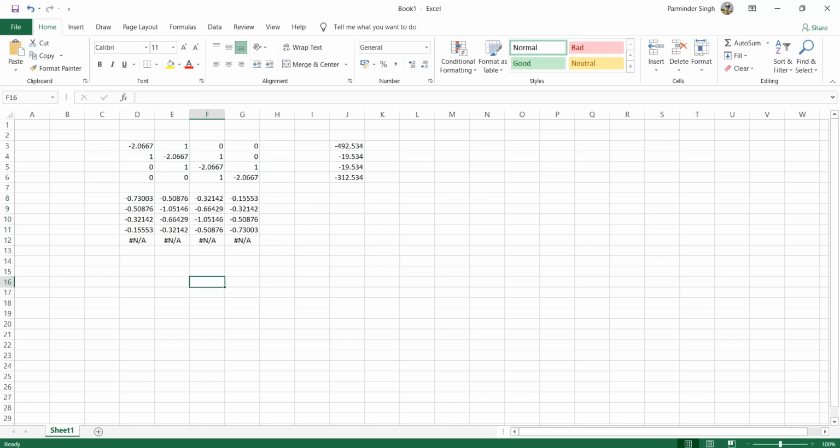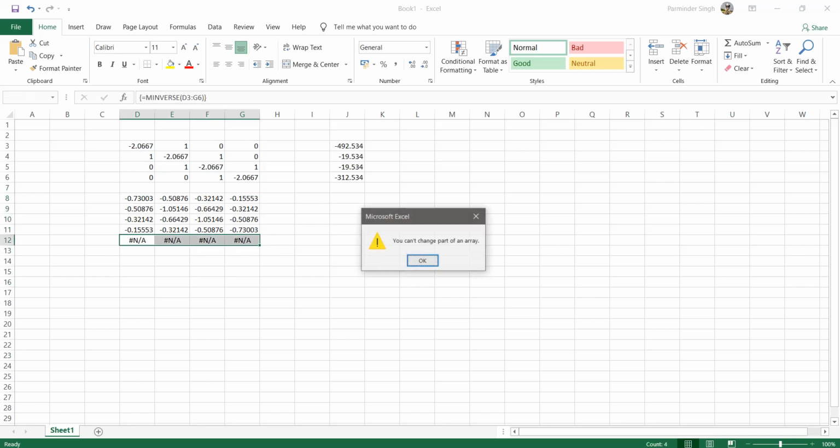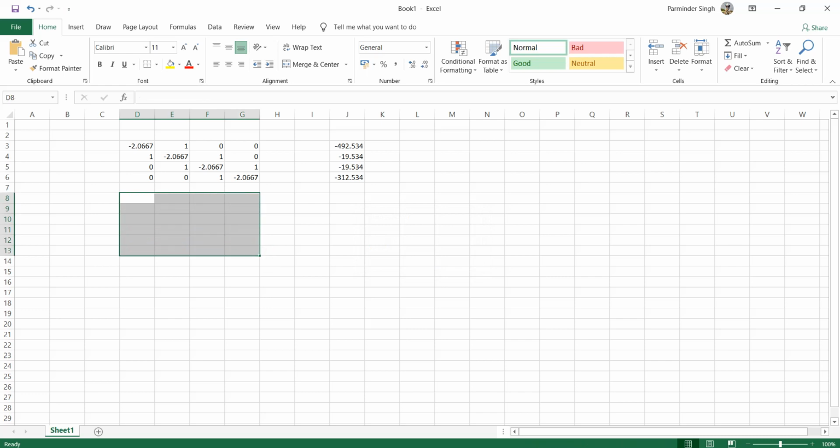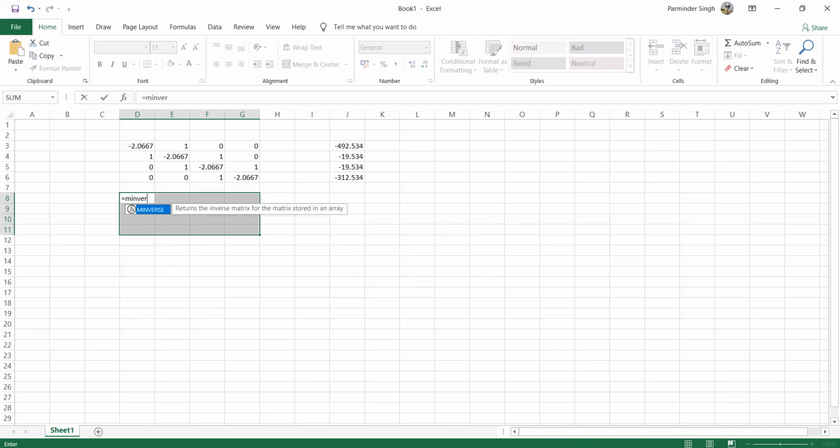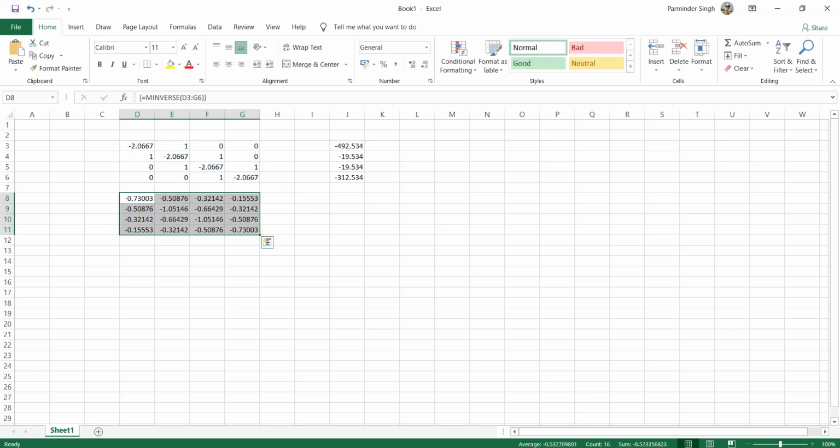So you have, okay, I've made a mistake over here. Let me select again. Yes, now this is 4 by 4. Yes, MINVERSE, the array, and enter, and then Control Shift Enter. Yeah. So this is the inverse of your matrix.